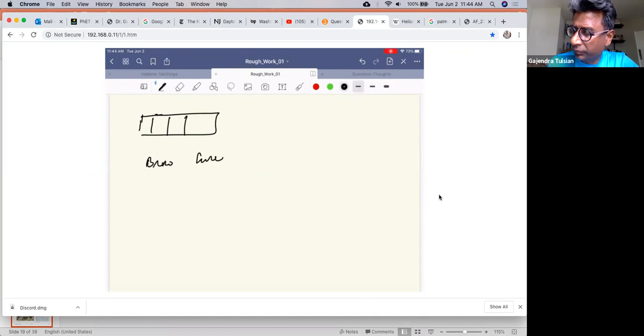Now you can look up a table, and with each color is associated a digit. Brown is 1, green is 5.